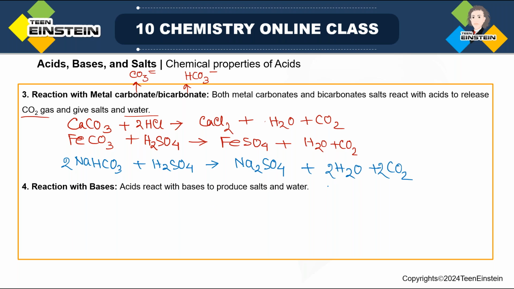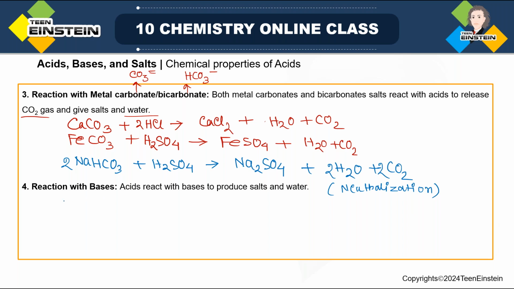This type of reaction is also known as a neutralization reaction, which we will discuss separately as a separate topic. But remember, these reactions are known as neutralization reactions. Why? Because in this reaction the acidic property of acid and the basic property of base neutralize each other's chemical properties as well as physical properties, and they produce salt and water, right?